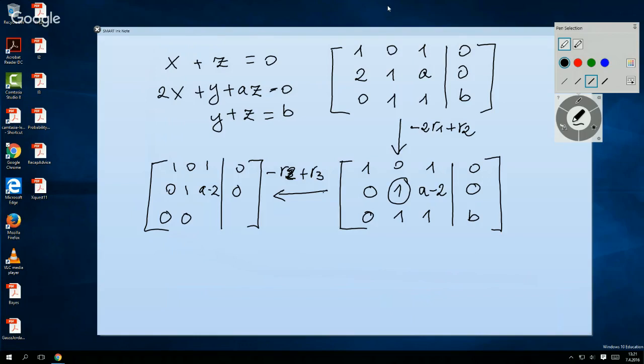So I get 1 minus a plus 2 is 3 minus a. Okay, what happens to the b? Just stays b. Okay, now I think we are in business, aren't we?